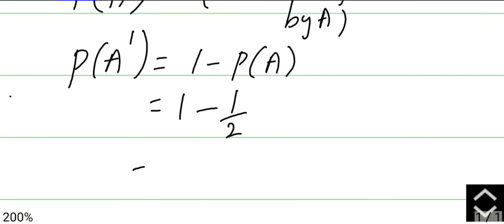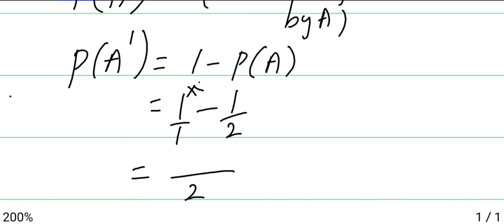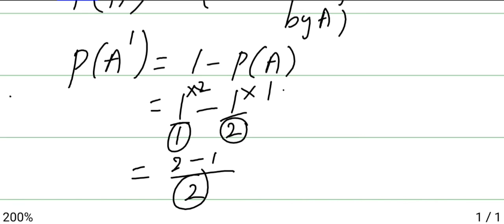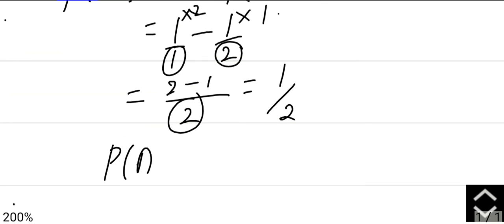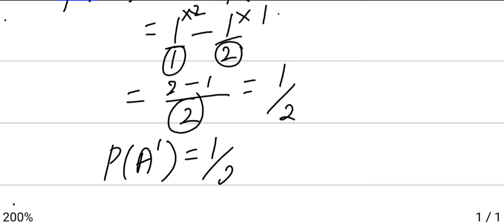Then taking LCM we get 2. 1 goes into 2 two times, 2 goes into 1 one time. So it will be 2 minus 1, that will be 1 by 2. Then P of A dash is 1 by 2.